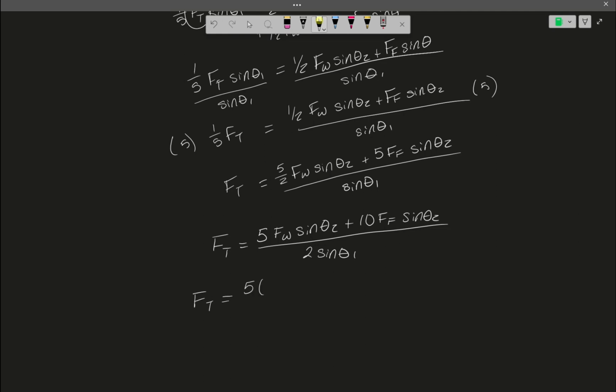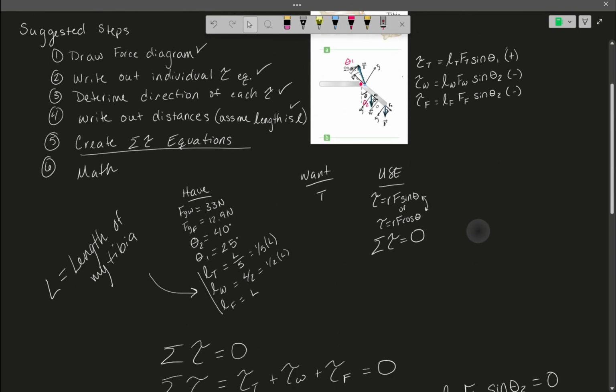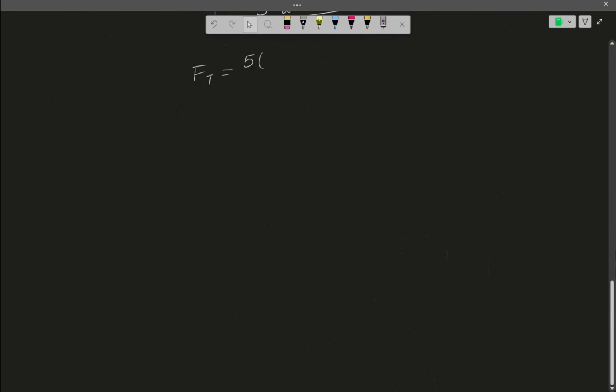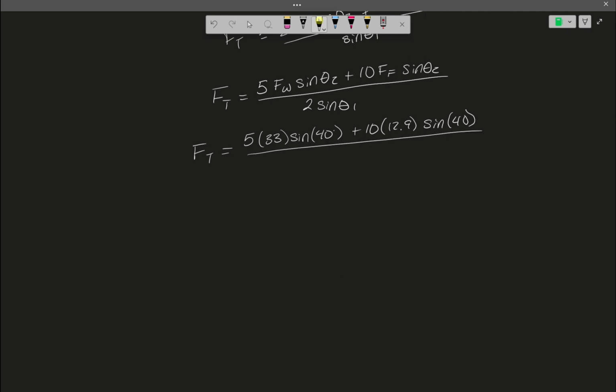So this is 5 times, what was the weight of my leg? It is 33. Sine of theta 2 was 40 degrees, plus 10 times the weight of my foot was 12.9, sine of 40 degrees. I could have simplified this more and pulled my sine of 40 degrees out. I should have done that.